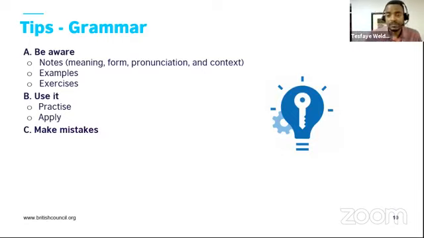There is no such thing as not making mistakes and always making sure that we don't. Whenever we learn a language, we learn from our mistakes. When we speak, we will make mistakes.